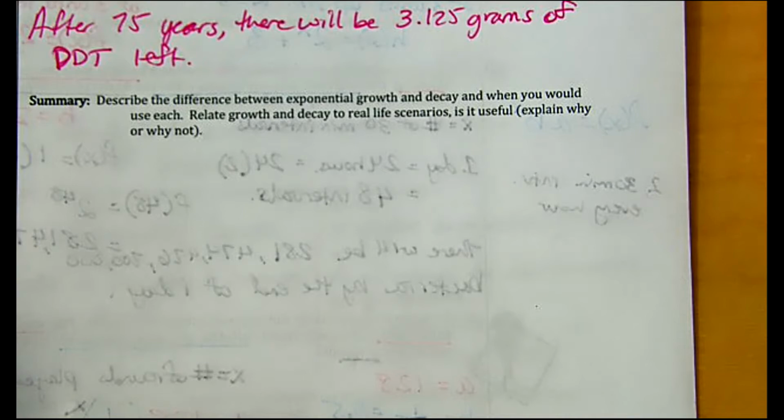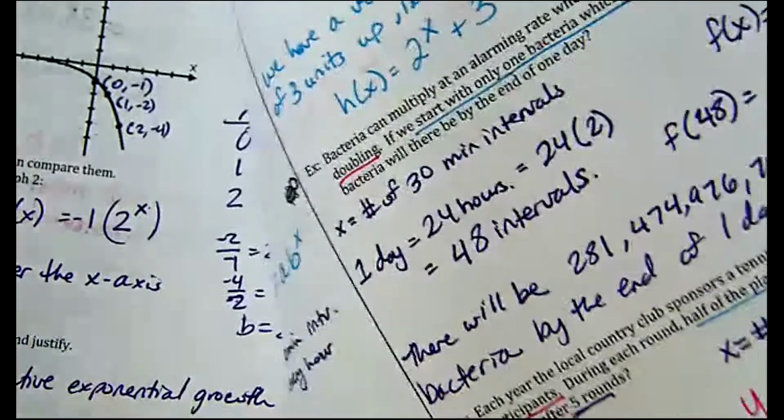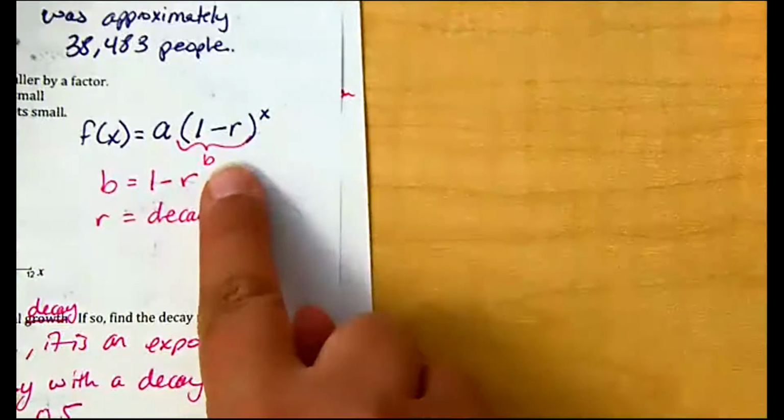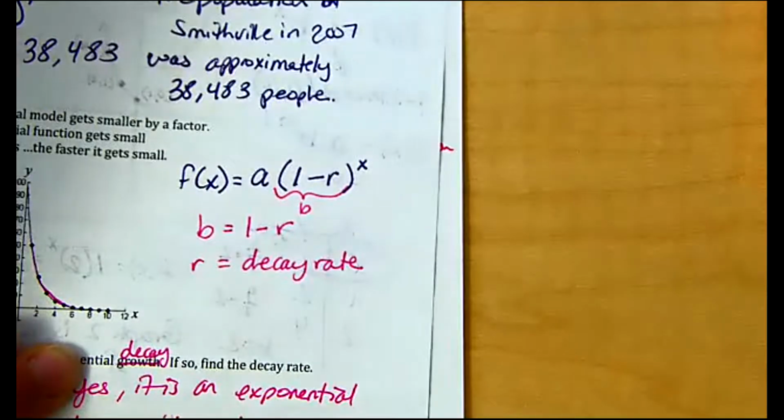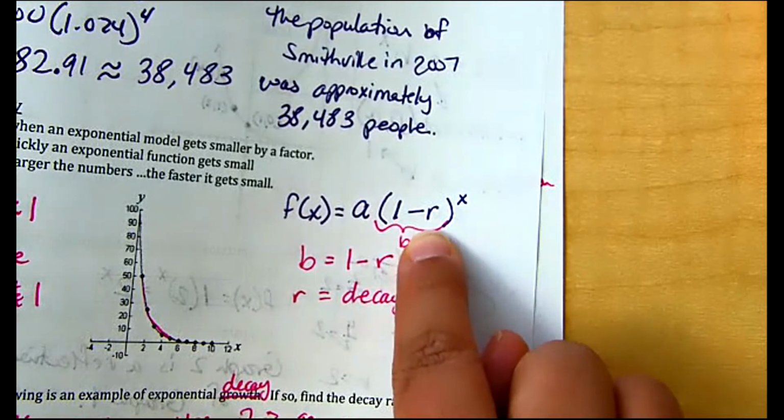Anna, are you talking about like the increase of 7%, the decrease of 2%, that kind of stuff? Yeah. Okay, so remember that they're giving you your growth rate or your decay rate, or rate of increase and rate of decrease. That is your R in these scenarios. So if it says rate of decrease, then that's your R here.